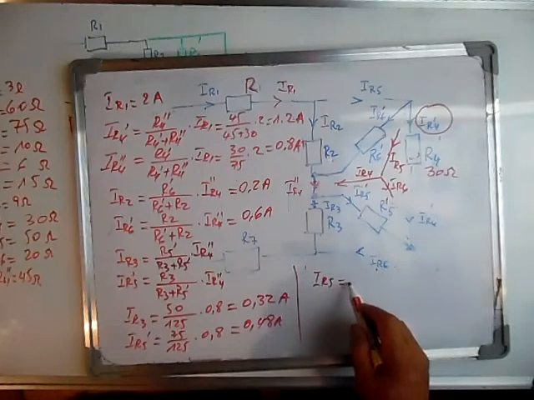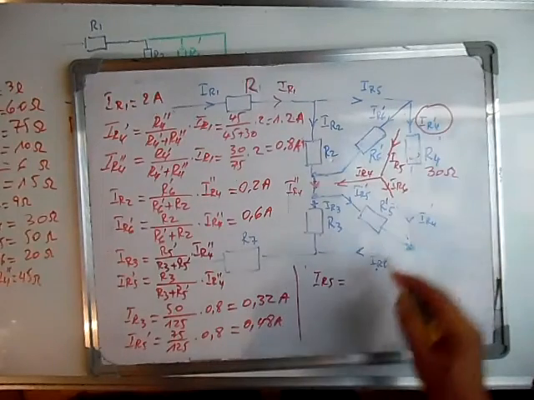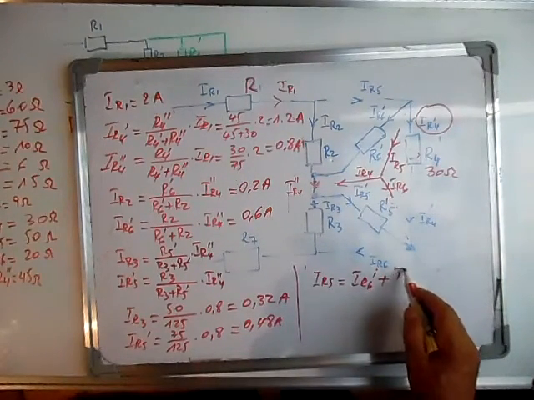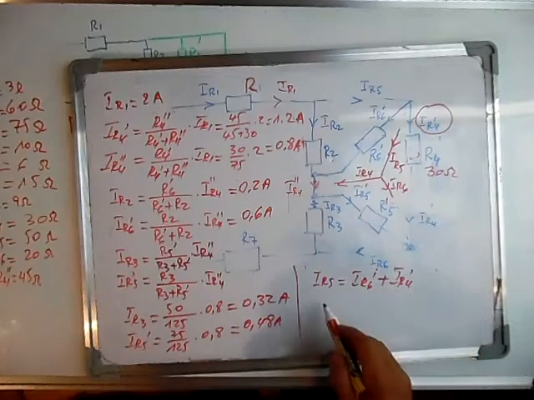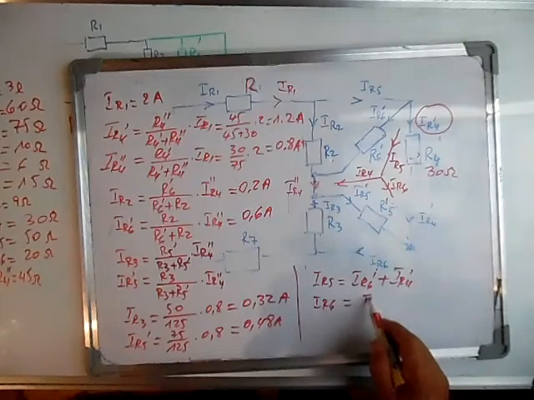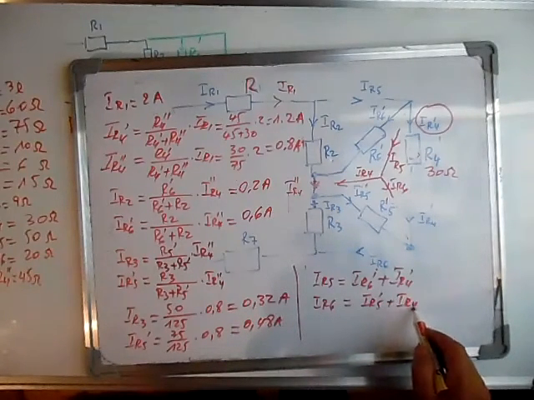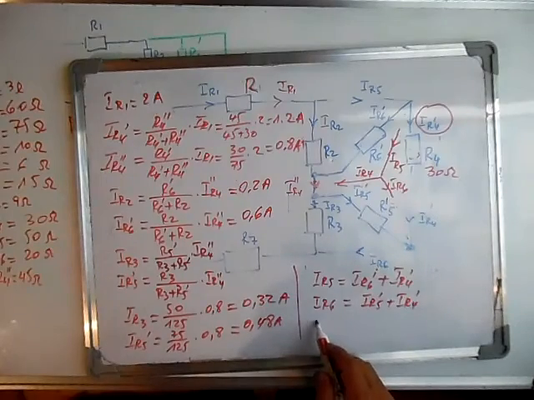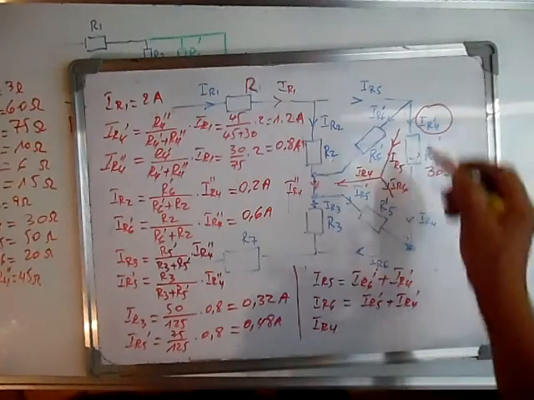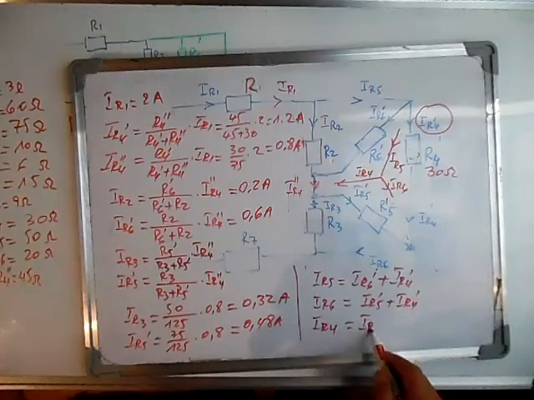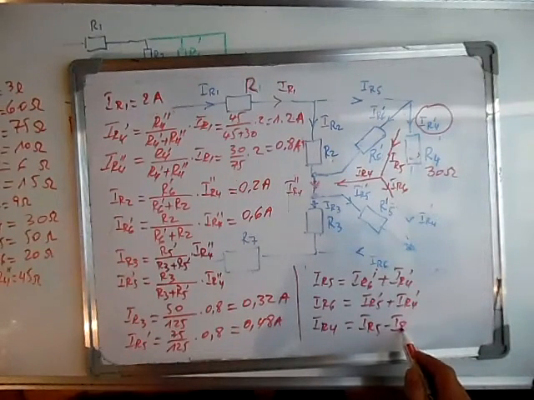So now we can calculate the current where we need, IR5. This is IR6 prime plus IR4 prime, and IR4 is IR5 minus IR6.